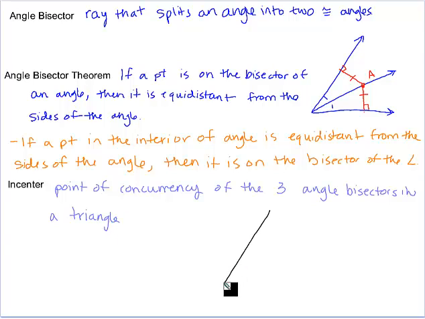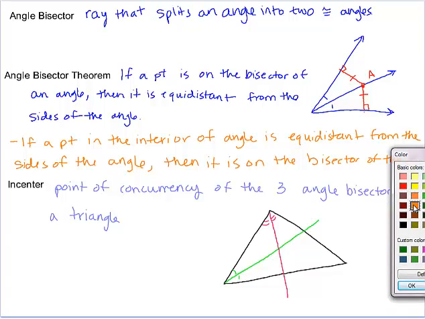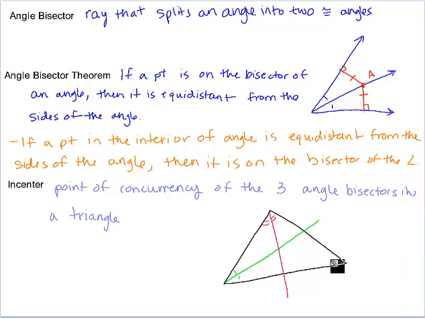So here we have a triangle. Each angle is going to have an angle bisector. So if we take this angle down here and bisect it, so split it into its two congruent parts. This angle over here, if we bisect it, split it into its two congruent parts. And this third one, we bisect it, so split it into its two congruent parts. They should all intersect at one common point. And this one common point is then called the in-center.